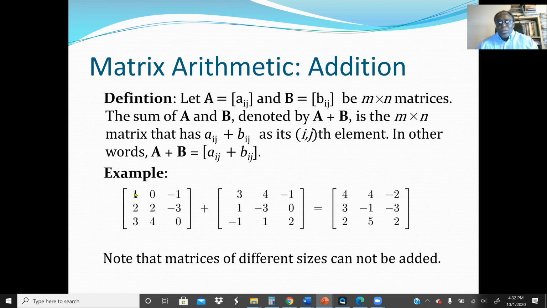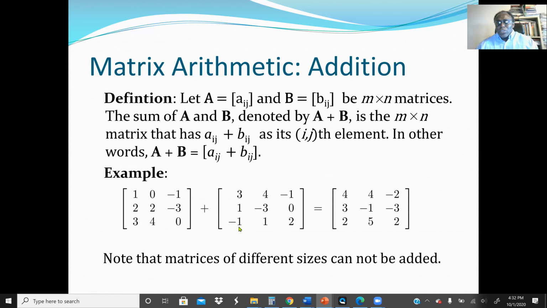First, 1 plus 3 is 4. So that's first row, first column, first row, first column, we add them together, 1 plus 3 is 4. And I'll go to the second row, first column, 2. Second row, first column, 1. 2 plus 1 is 3, so we have 3. Then we go to the third row, first column, 3.